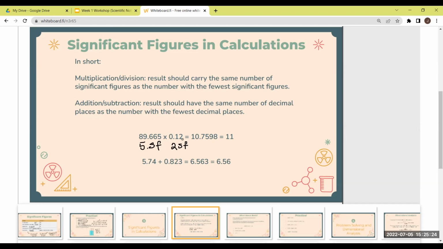And so the answer is about 10.759. It seems right. And then since we have 2 significant figures, we only record the first 2 significant digits in that number. So if this is going to be the second significant digit, we can always check for rounding right here. So this is 10.77 rounds up. And then this becomes just 11.